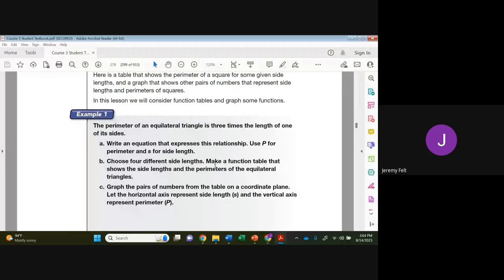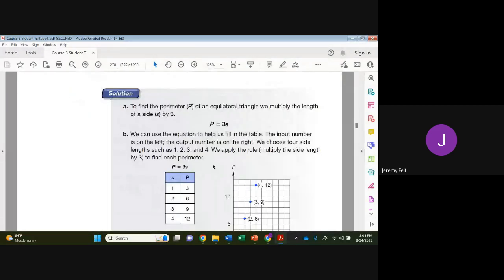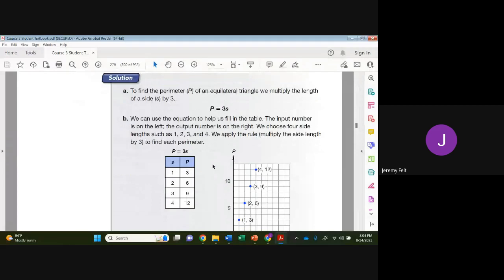If we did our x-y table, or in this case our S and P table, then we would come up with different pairs. If we had 0 for our side length, then we wouldn't have a perimeter because we wouldn't have a triangle. So S is 1, 2, 3, 4, and then the perimeter would be 3, 6, 9, 12.